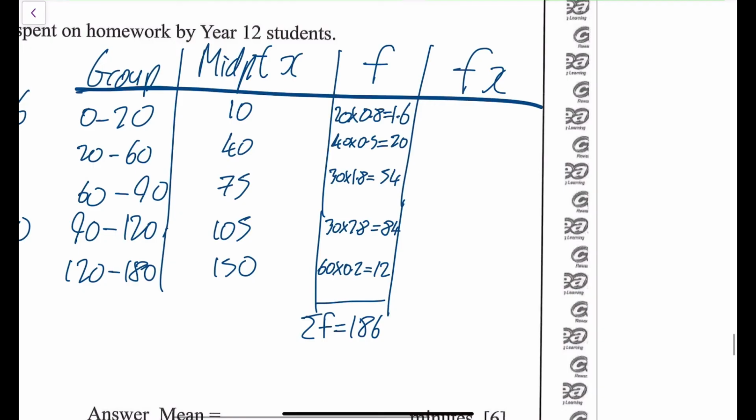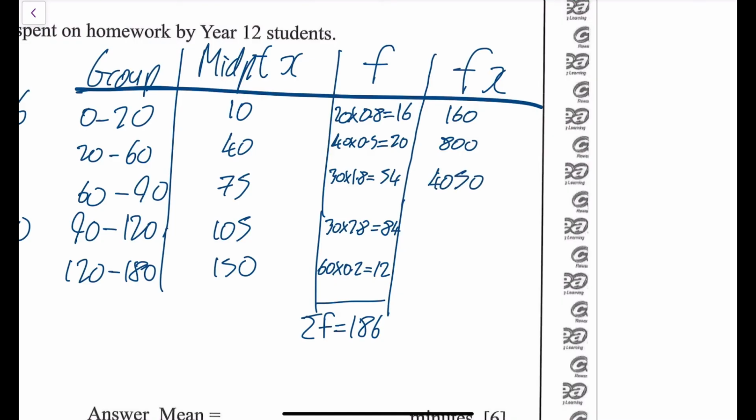And then we do our fx. So your fx column is your x column times your f. So 10 times this. Sorry, that should say 16. 10 times the 16 is 160. 40 times the 20 is 800. 75, let me just check this one, I'm doubting myself now. 75 times 54 is, yep, sorry, I was right there, 4,050.